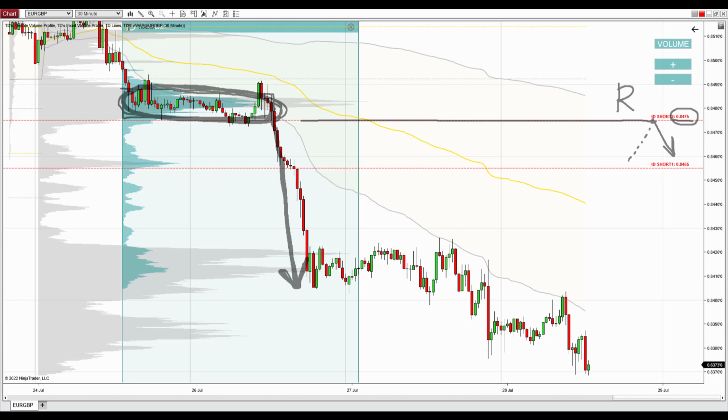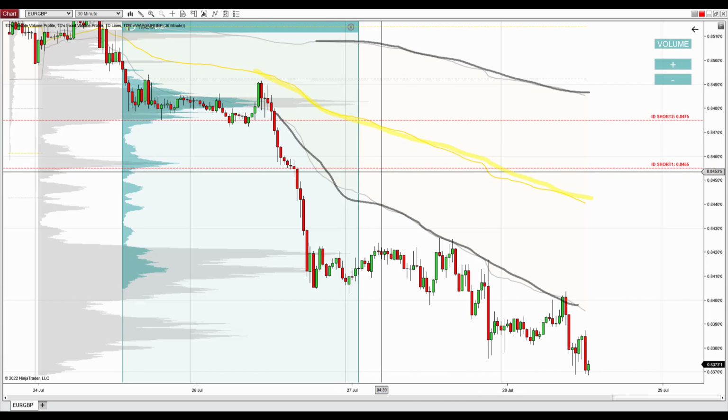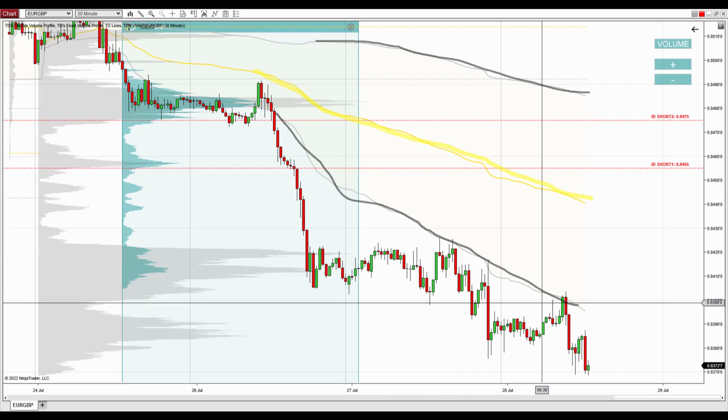Now, if you look at first deviation of the VWAP, those are the two gray lines, this one and this one. Those are the first deviations of VWAP. VWAP is this yellow line, and those gray lines, those first deviations, tend to work as strong supports and resistance zones, especially when they are combined with heavy volumes.